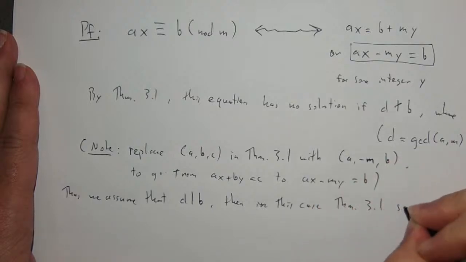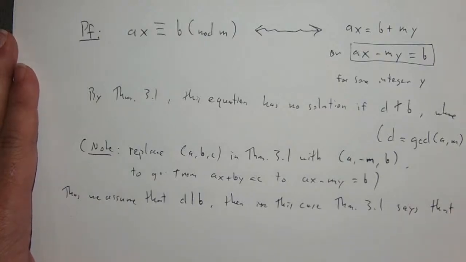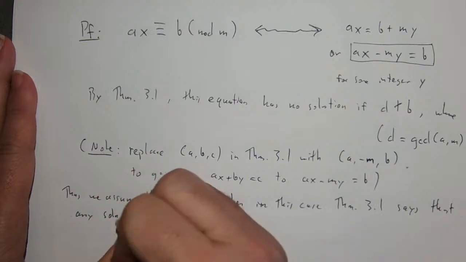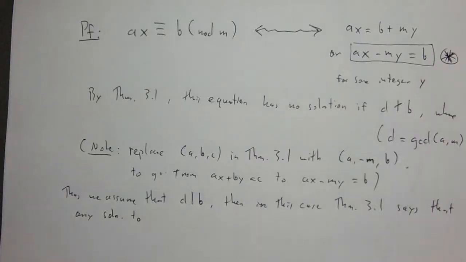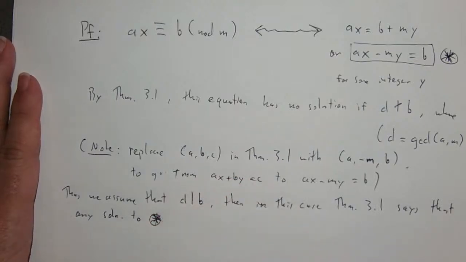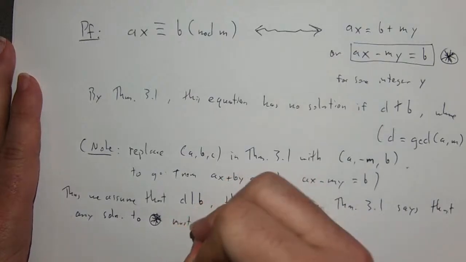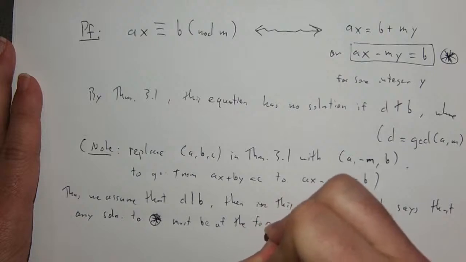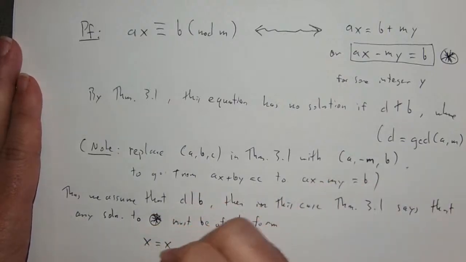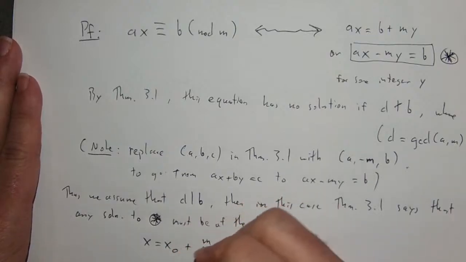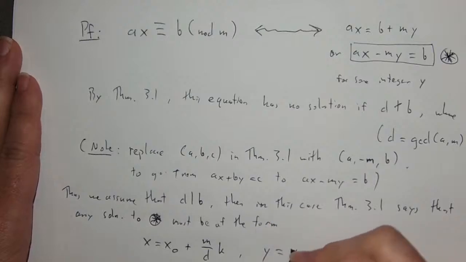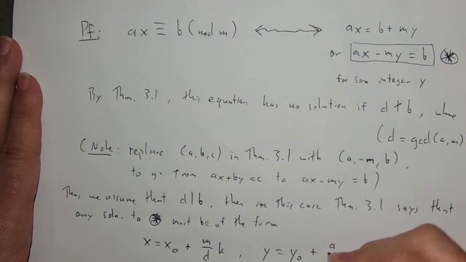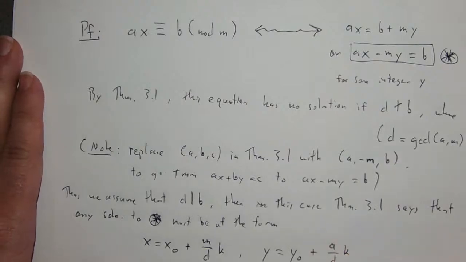Theorem 3.1 says that any solution to, let's say, star here, so any solution to this equation star must be of the form x is equal to x naught plus m over d times k, and y is equal to y naught plus a over d times k, right, where k is some integer.